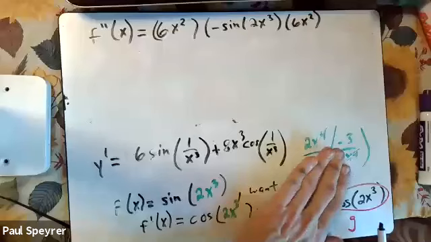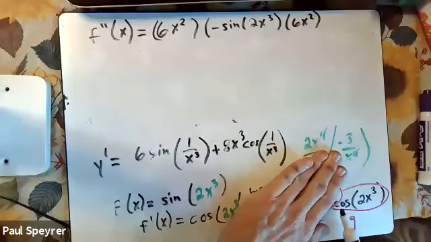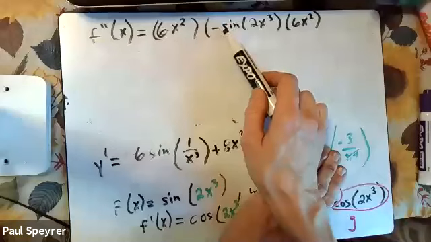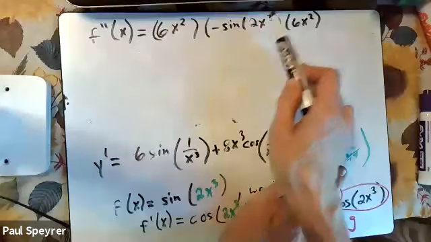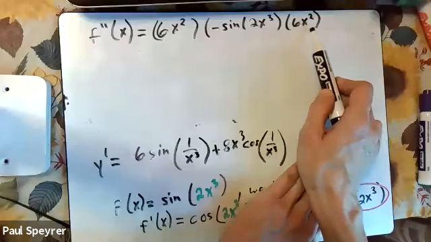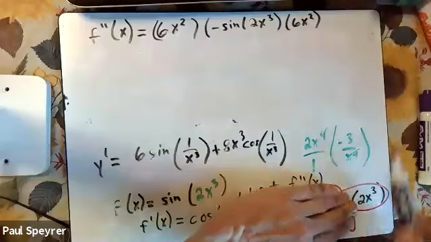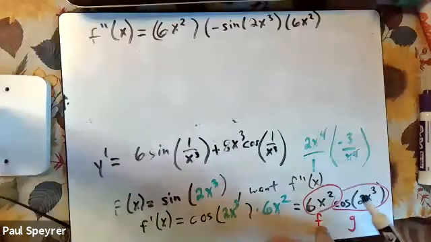The derivative of g, or cosine of 2x cubed, involves the chain rule. We derived the outside component first, the derivative of cosine was negative sine. We left everything else inside alone. Then we multiplied times the derivative of the inside, the derivative of 2x cubed, which was 6x squared. Remember, that's just f times g prime.